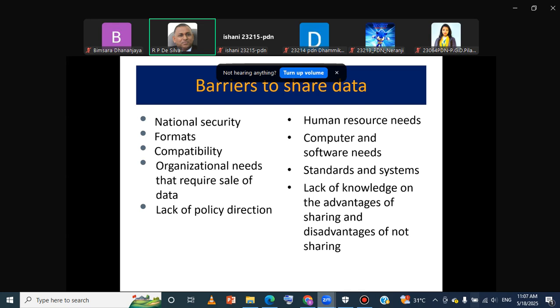We need to be aware of the global developments, what we can take or how we can enrich our resources from this global development. We acquire computers, but we don't know how to use it.